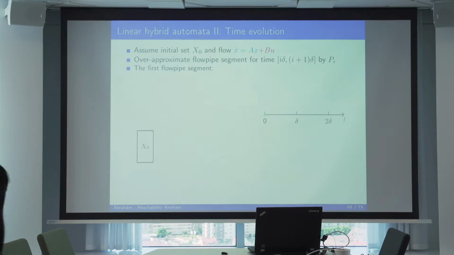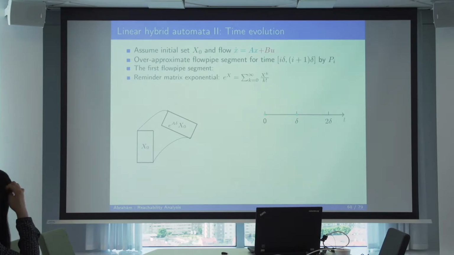So we start here, and now the first black box that you need to believe me is that the solution for this differential equation, starting from a certain point, if you want to know what you can reach in exactly delta time from a point here, you need to compute for this matrix. Let us forget about the BU first. Let us take this blue one, x dot equals Ax.